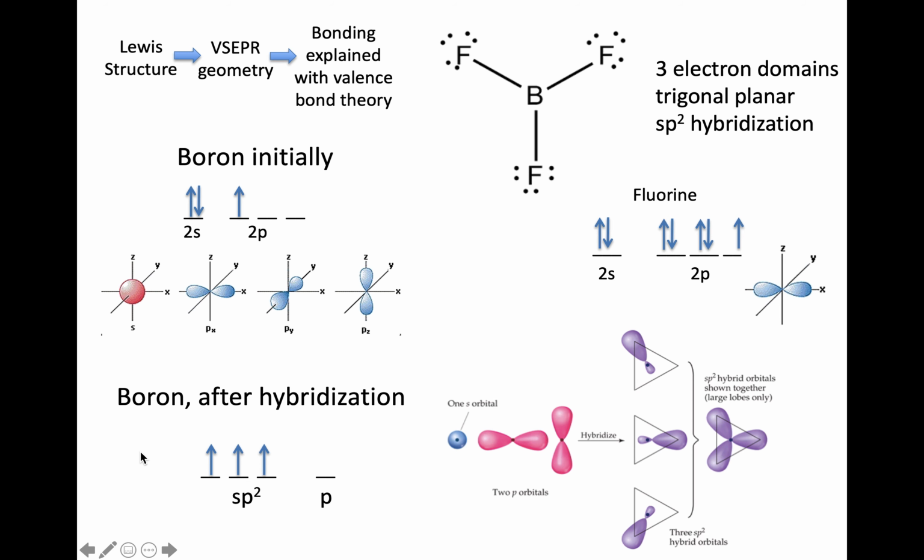This is exactly what I need. If I have combined an s atomic orbital with a p and another p, that gives me three hybrid orbitals. They're all arranged in a trigonal planar geometry. They're all 120 degrees from each other. I have a single electron in each of those. That's exactly what I need that can now overlap with the 2p atomic orbital for the fluorine and form my covalent bond.